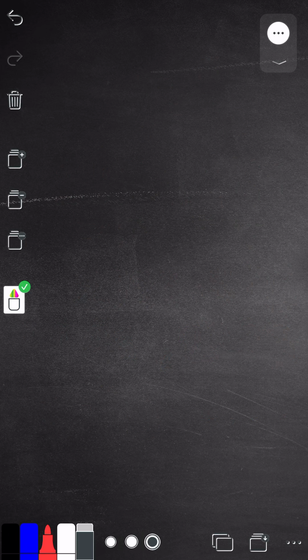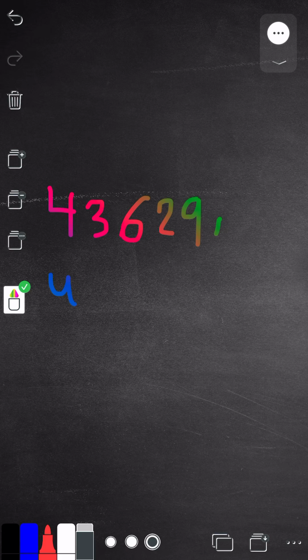So what about adding up something else other than tens? Look at this example here. 43,629. The other number is 44,629.